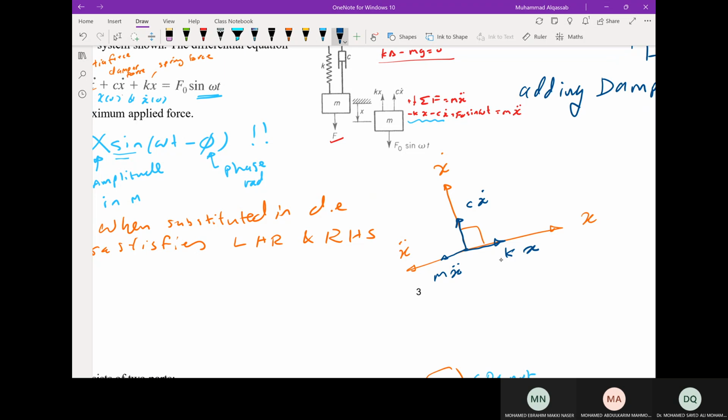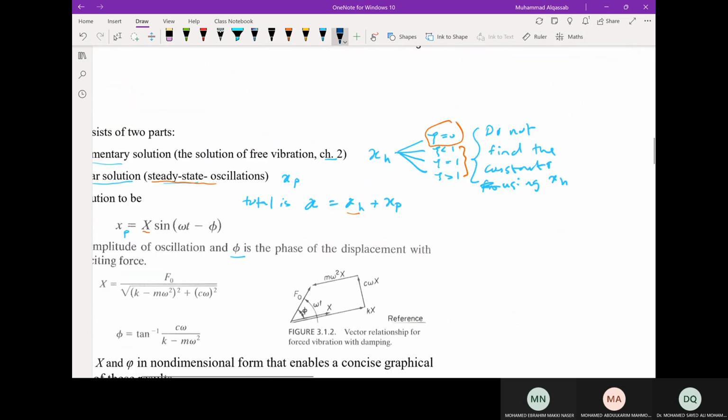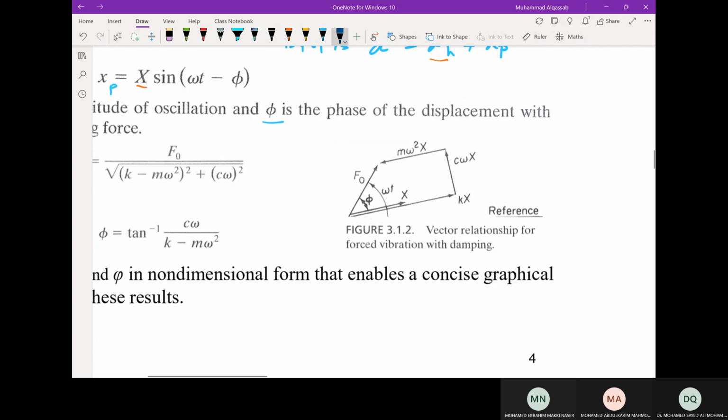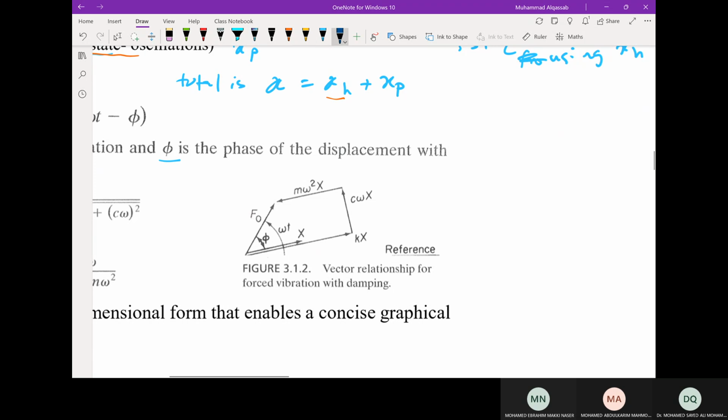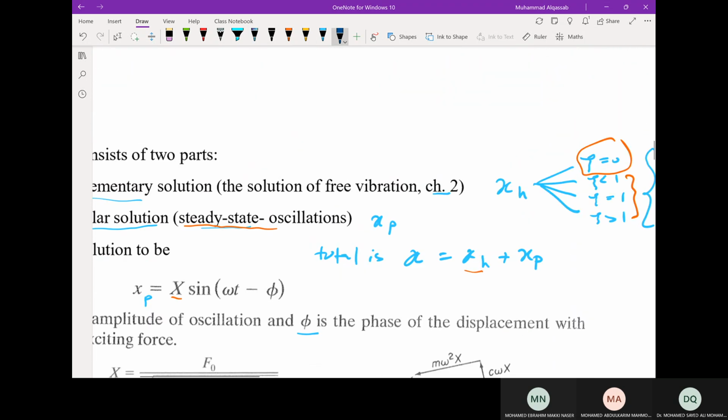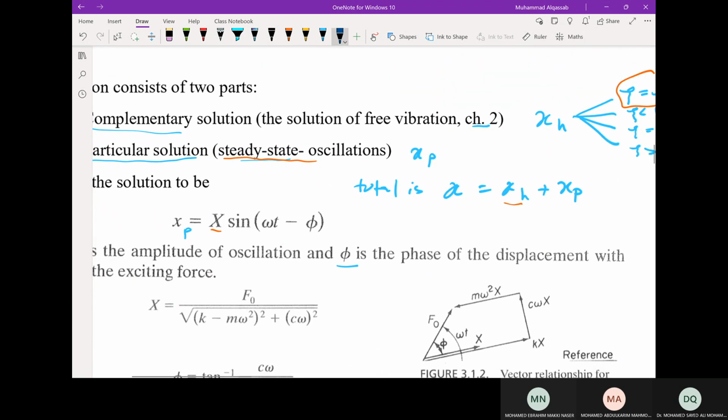So as the magnitude, you put the magnitude here. Because x is xp, which is X sine omega t minus phi, the magnitude of xp, which is the amplitude, is X. Then the amplitude of x p dot is what?